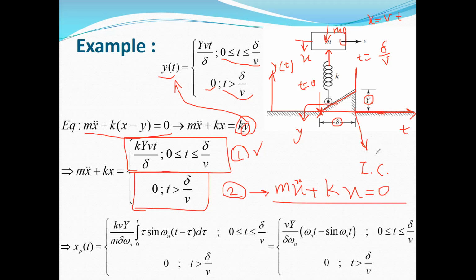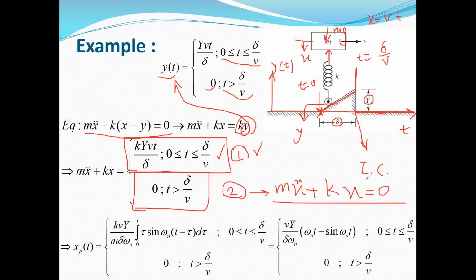So x at t is equal to 0, or the initial conditions for the second equation, in fact, are the response and the velocity obtained from equation 1, this equation with the non-homogeneous term, at t is equal to delta divided by v.